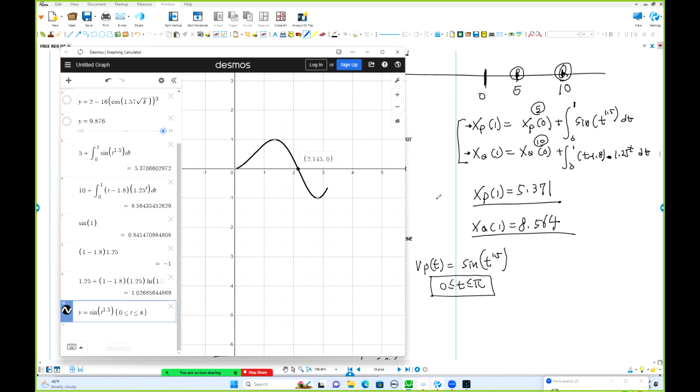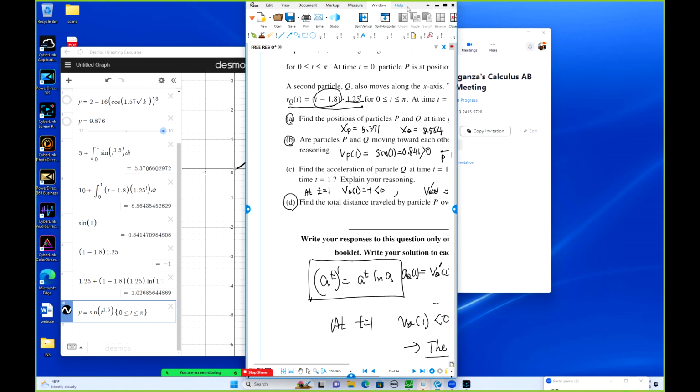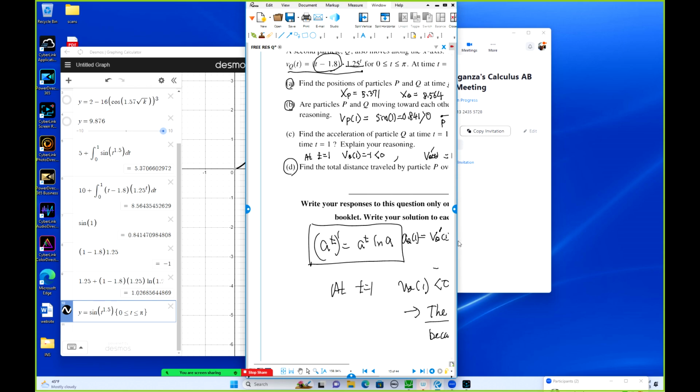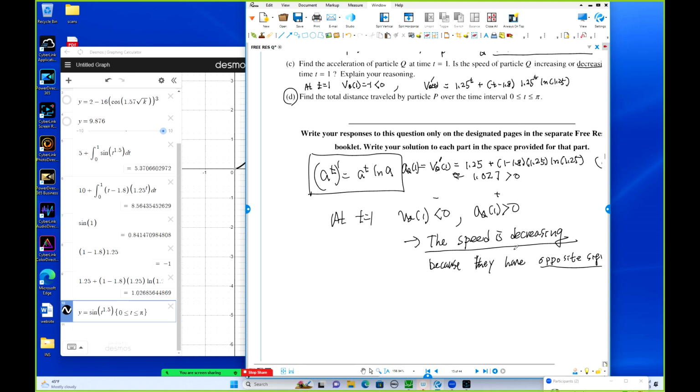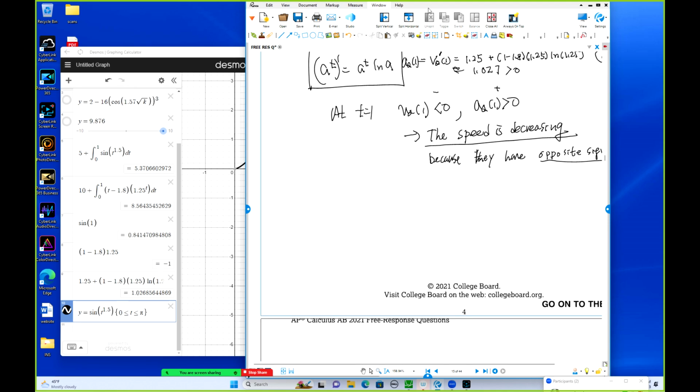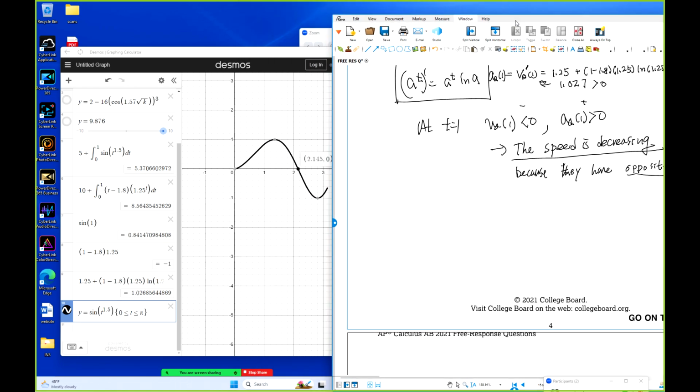Just a moment, I'm gonna copy this one. This is the graph over here, from here up to down. This is pi.